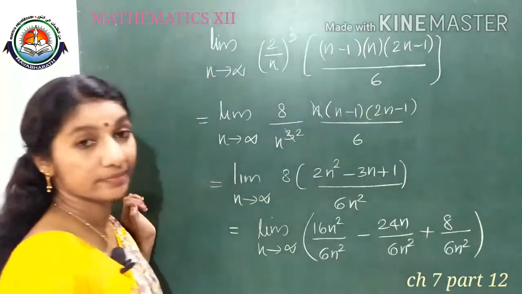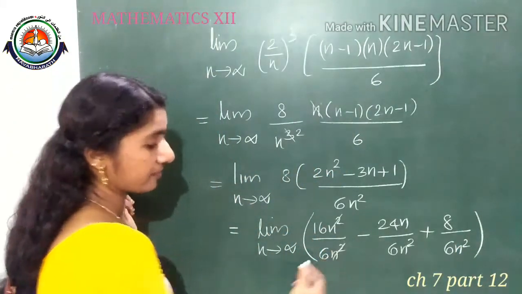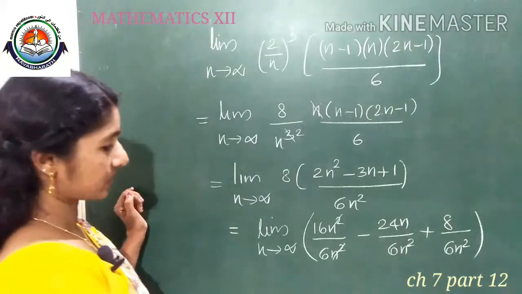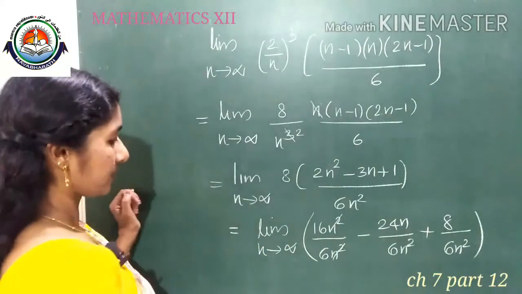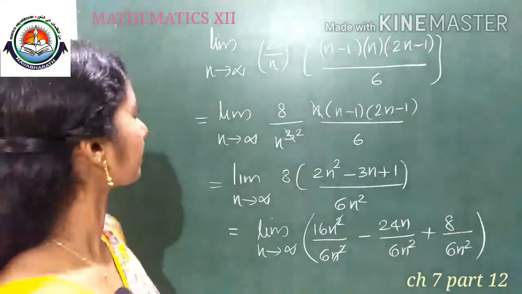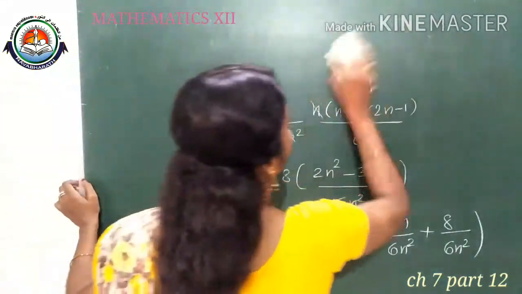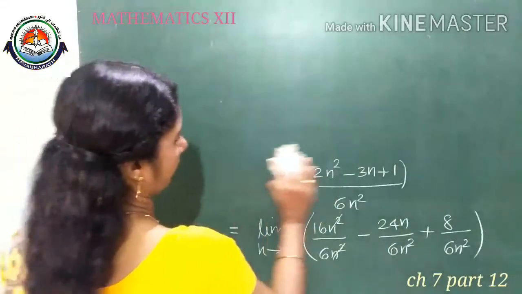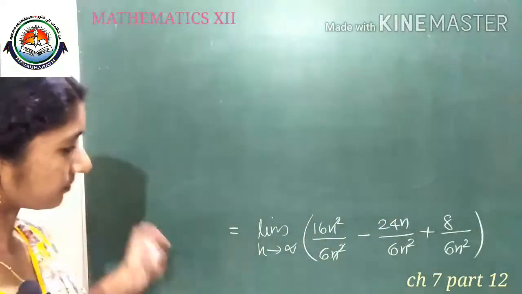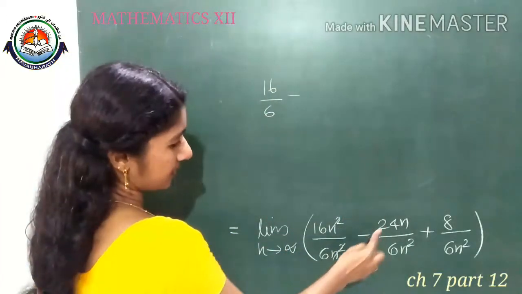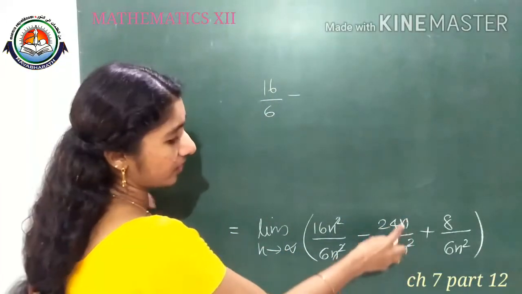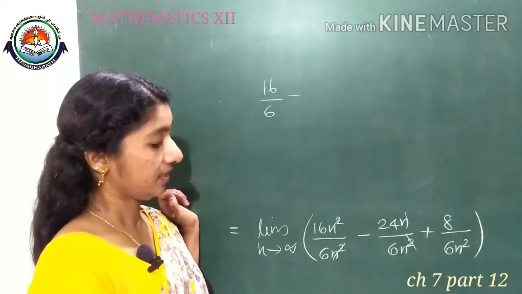Then in the next step we can see n square common factor we can cancel. Then in the next step we can take the limit. So it will come 16 by 6 minus 24n by 6n square, one n we can cancel but a denominator n remains.